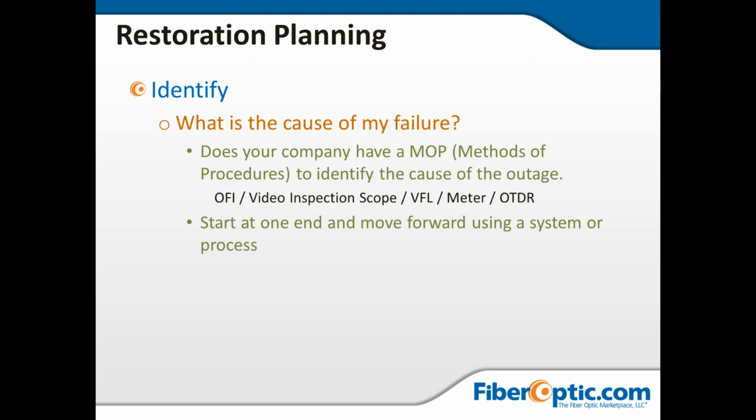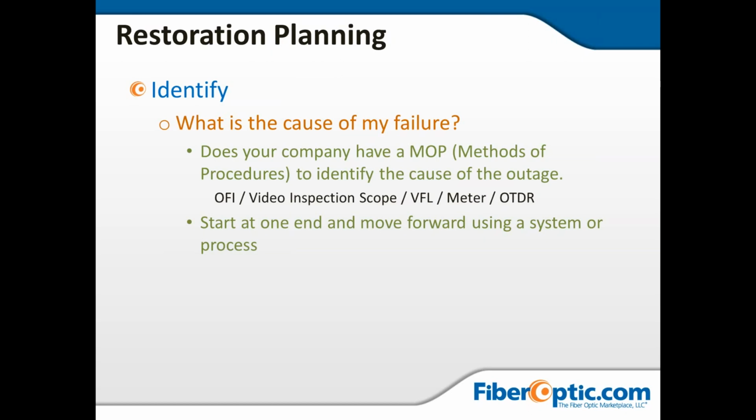That fiber optic identifier, that first acronym there, OFI, will let us know if we have traffic transmitting. If we have traffic transmitting there, we want to be very careful about disconnecting our fiber.